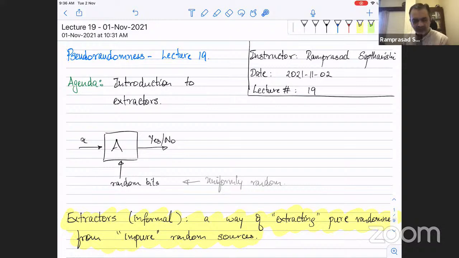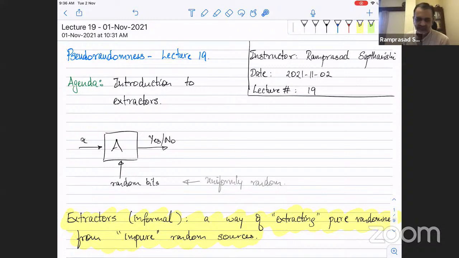And the important thing to note is that in many applications, you assume that the random bits you use are uniformly random.